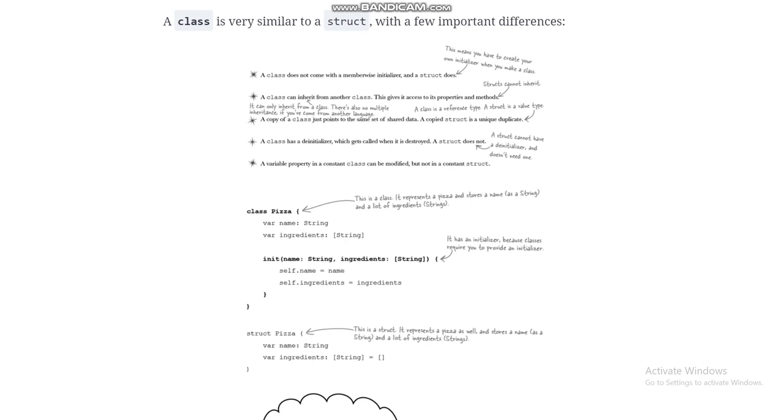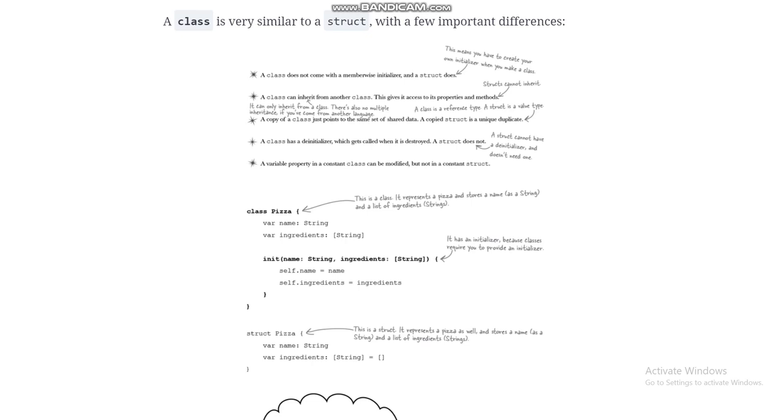A class can inherit from another class, and this gives access to properties. Structs cannot inherit from another struct, although they can adopt protocols.